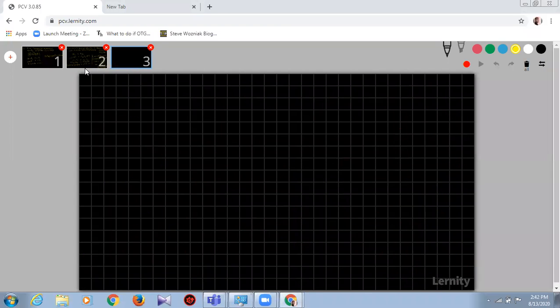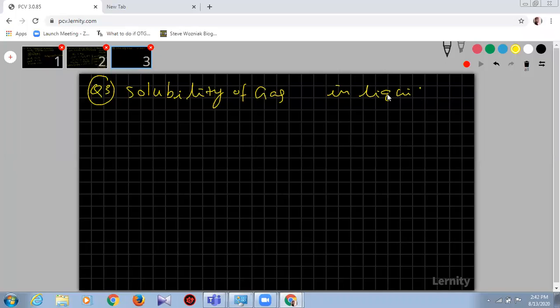Here I'll give the question. The solubility of gas in liquid decreases with temperature and pressure.